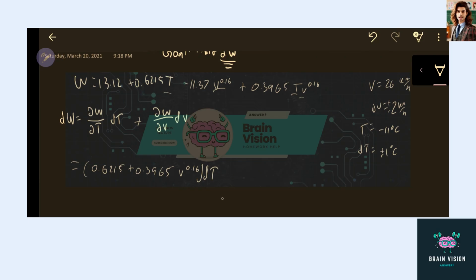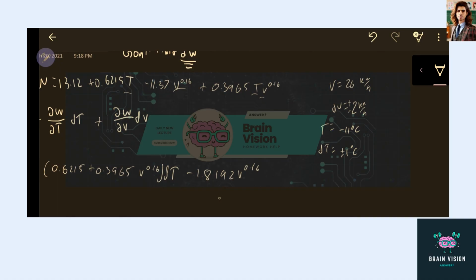And now for our partial derivative with respect to V, we get 0 here, 0 here, but here we get negative 11.37 times 0.16, or negative 1.8192 V to the power, and it's not 0.16, it'll be negative 0.84, because you have to subtract 1 with the exponent rule when taking derivatives.